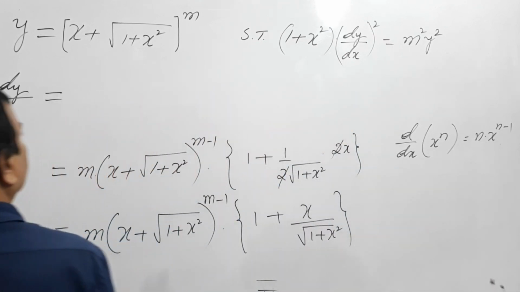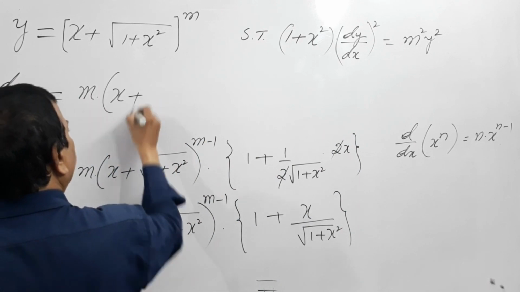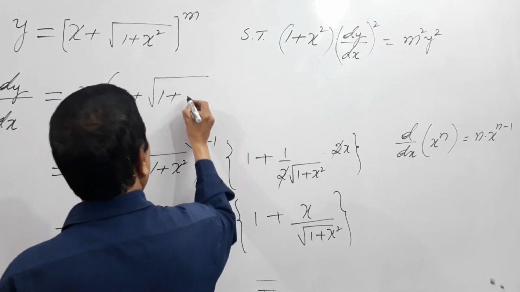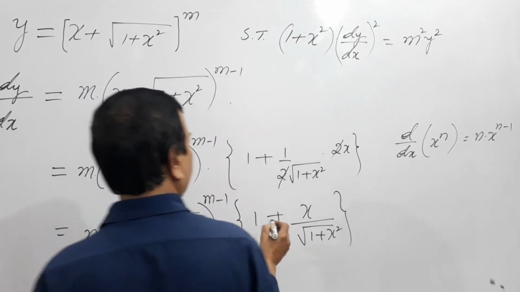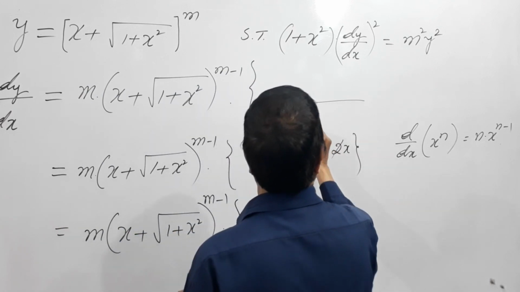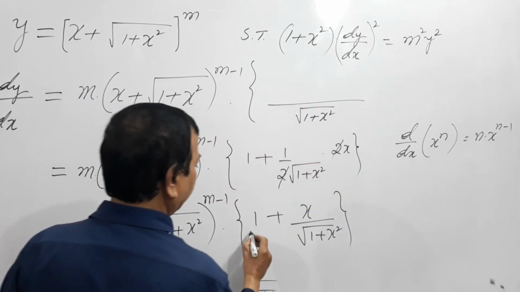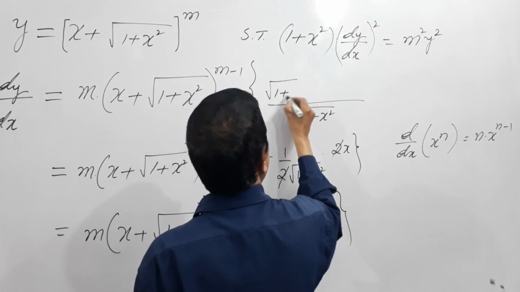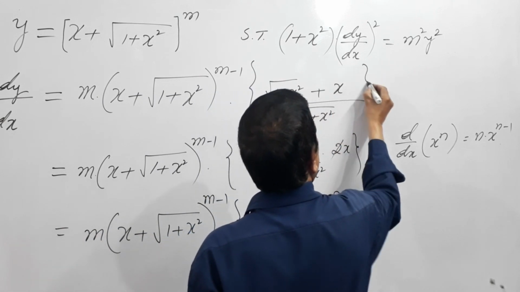We'll take the LCM here. So that equals m into x plus under the root 1 plus x square, to the power of m minus 1, into, we have LCM as under the root 1 plus x square. We take 1 here, this goes one time, that is 1 plus x square plus x.